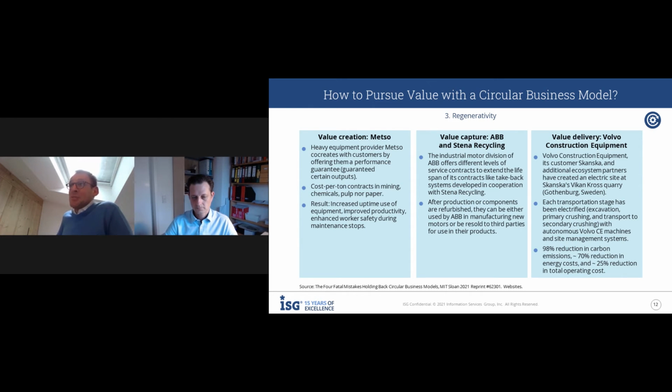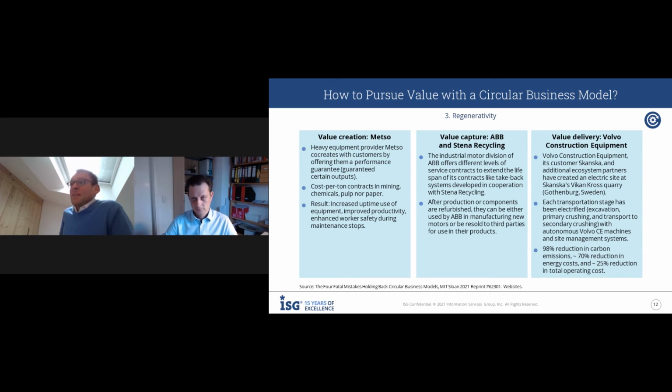And maybe just one brief comment on the Volvo construction equipment topic. This is the thing I really like. You see that eco-friendliness and regenerativity go hand in hand with cost optimization. In that case, electrification together with autonomous driving of machines and trucks in this construction plant really led to a significant reduction of energy cost, like 70%.